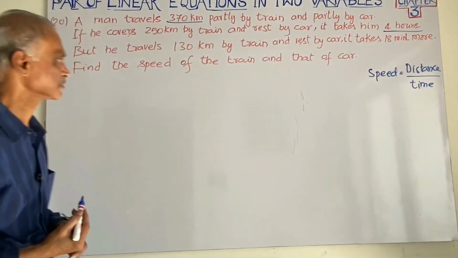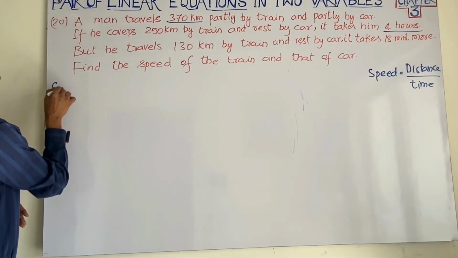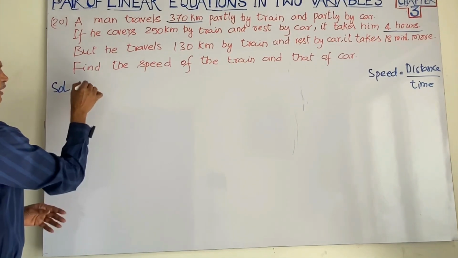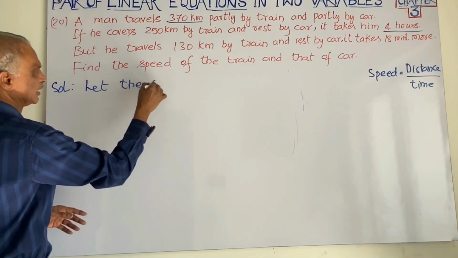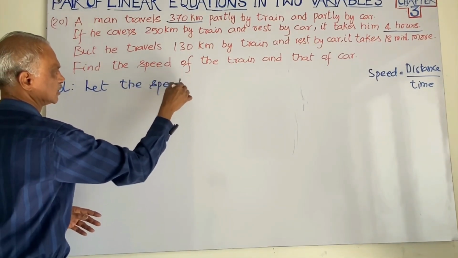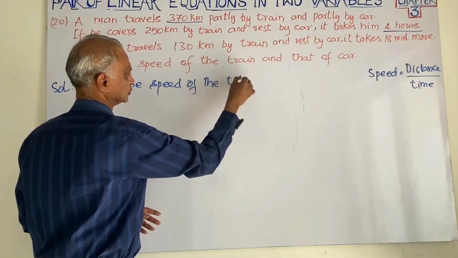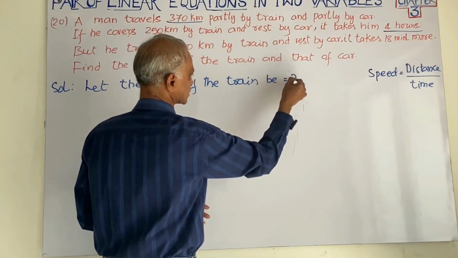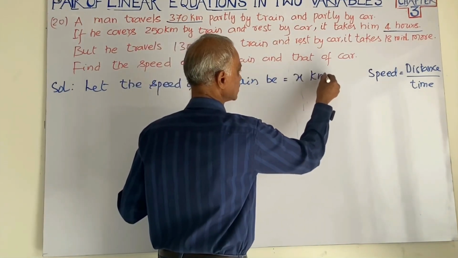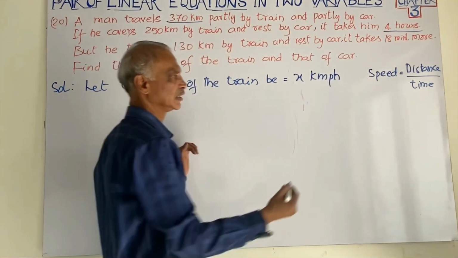Speed is equal to distance by time. Now, see the first solution. Let the speed of the train be x kilometers per hour, kmph.